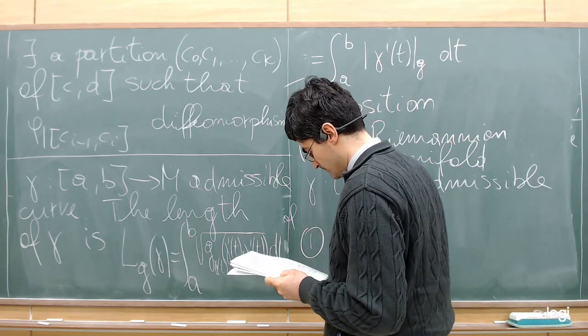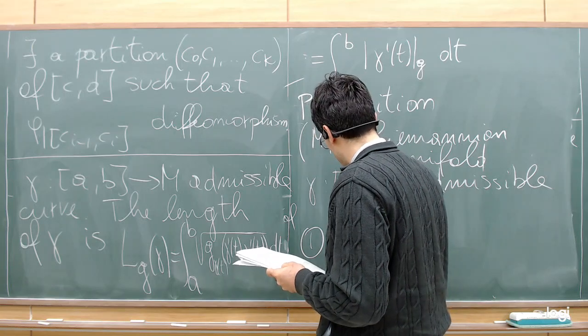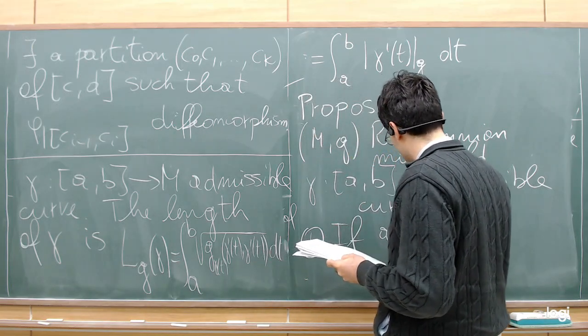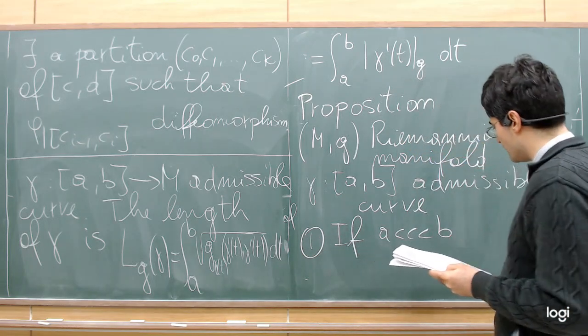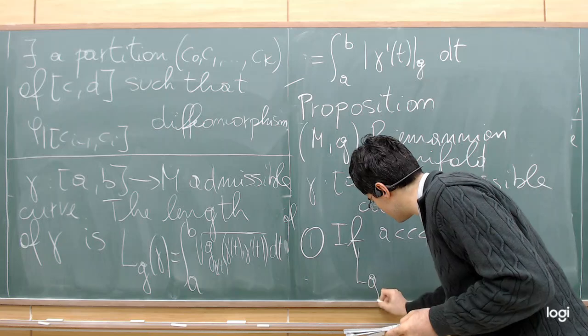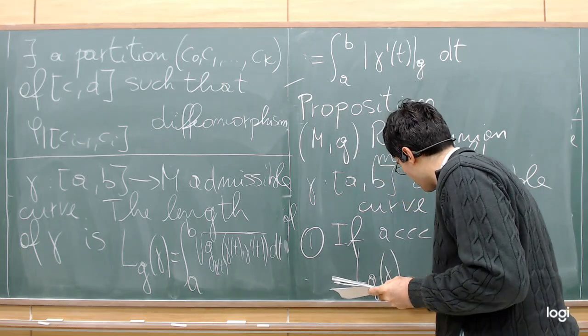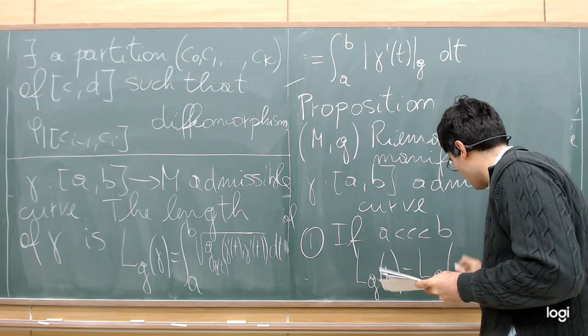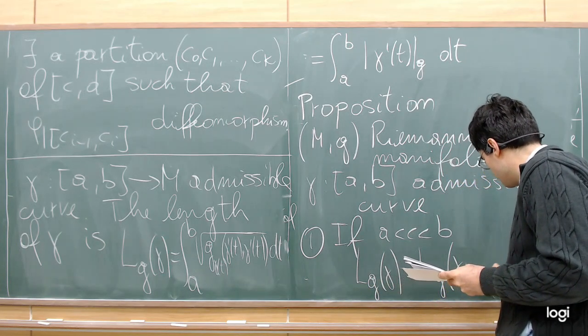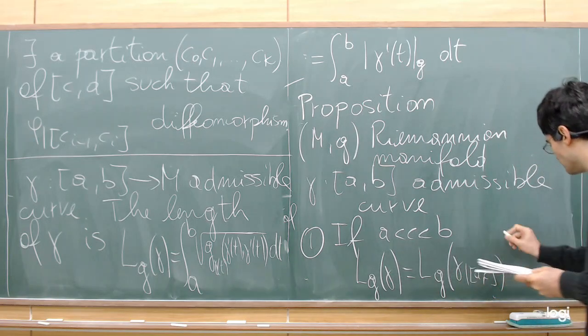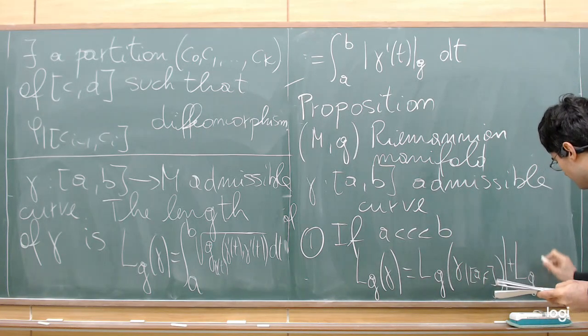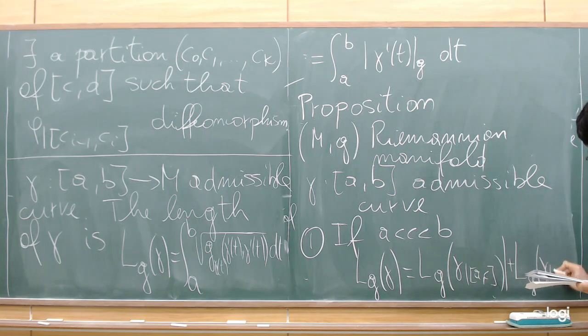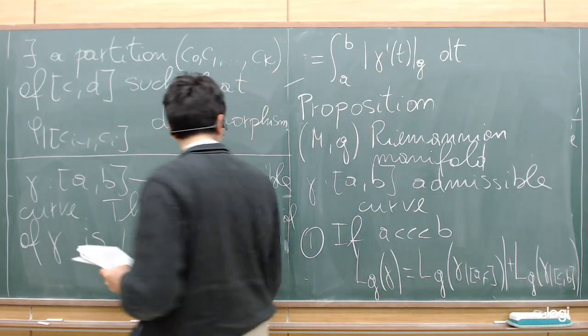Then, one, if a < c < b, you can prove that L_g(gamma) is L_g of gamma restricted to [a,c] plus L_g of gamma restricted to [c,b]. This follows easily from the additivity of the integral.